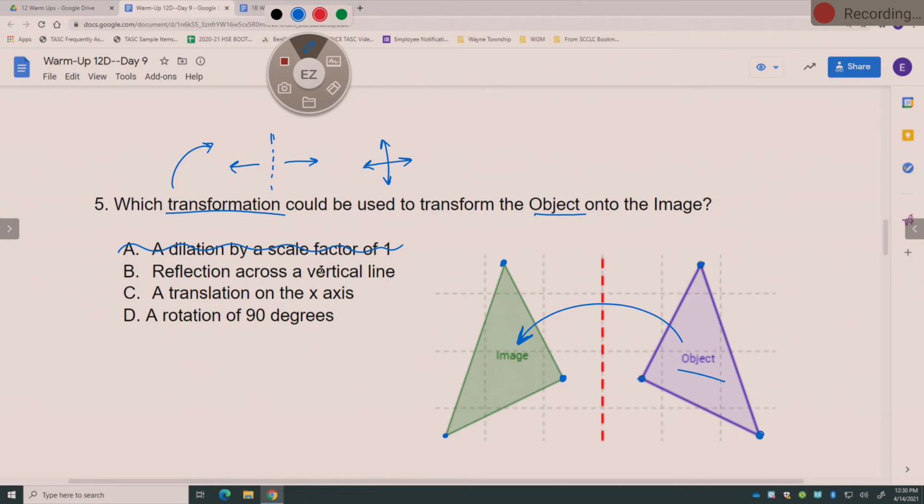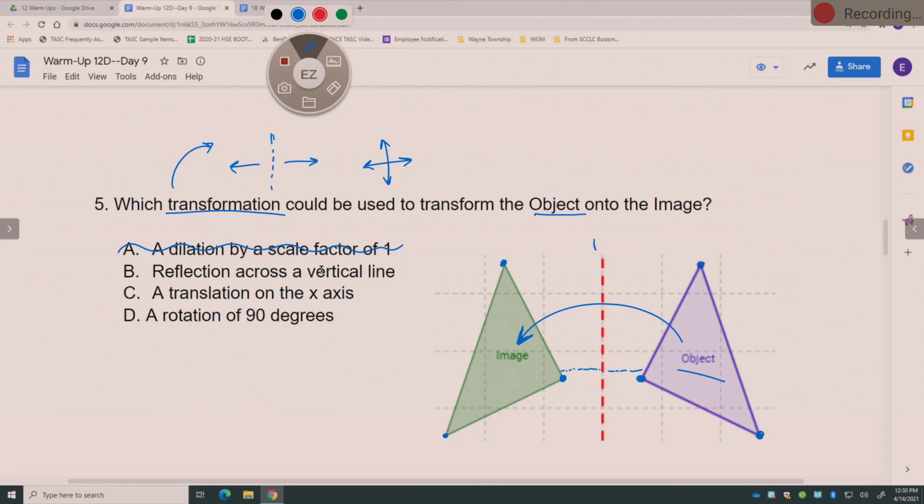And if we look at it, we realize that this middle point in the object is closest of all three to that red line. In the image, this middle point is still the one that is closest to the red line. It's a flip. It's a mirror image of the other side.